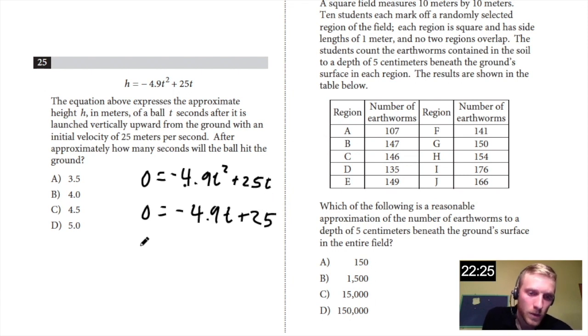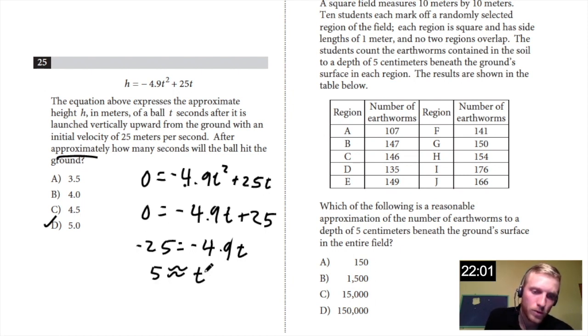So we can say minus 25 is equal to negative 4.9 t, and negative 4.9, we can divide both sides by negative 4.9. That's going to be just over 5, and so after approximately how many seconds? It's going to be about 5 seconds. So we can say 5 is about equal to t.